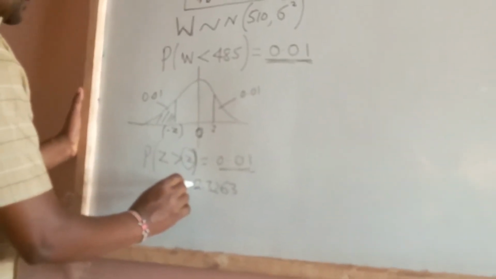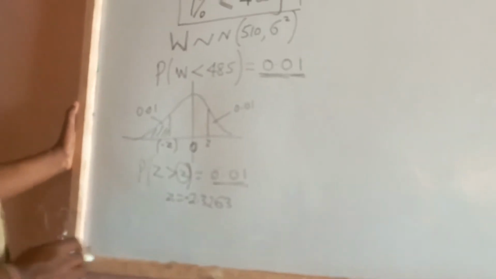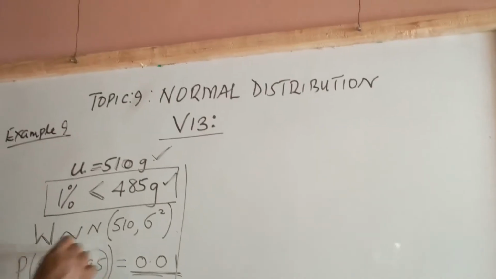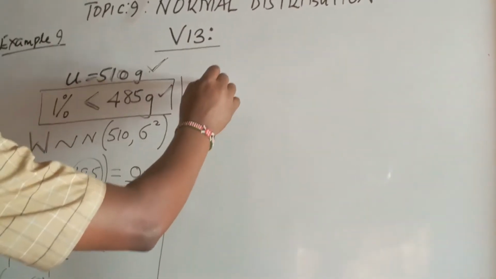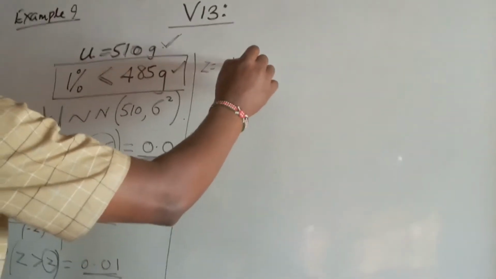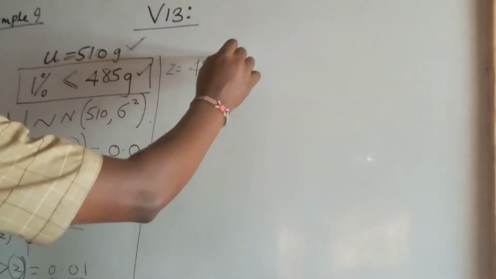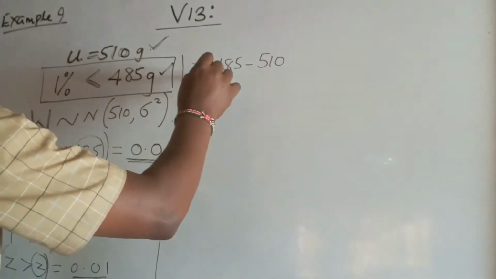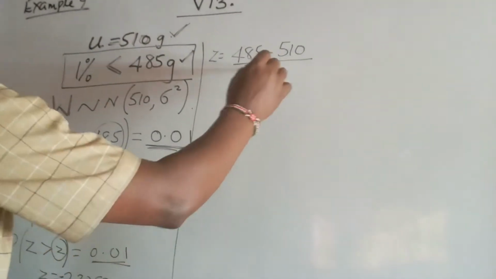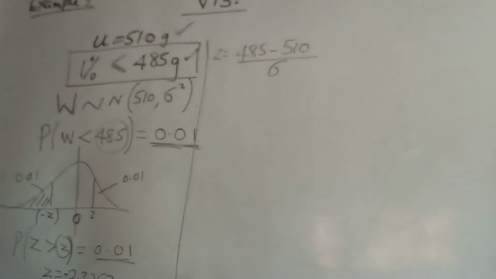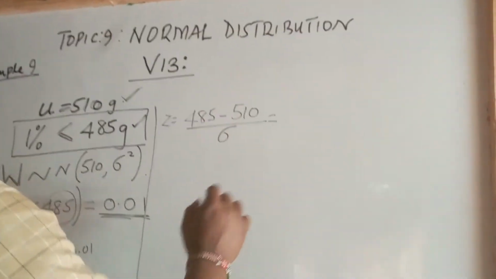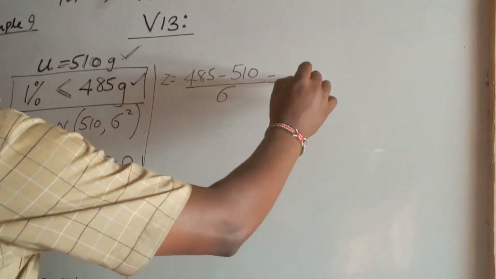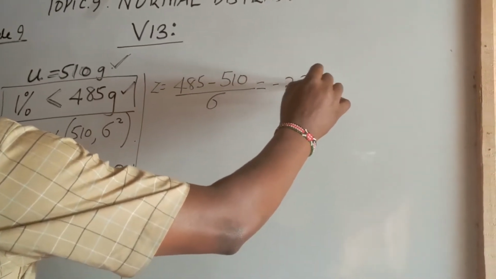So negative 2.3263. But how is z realized? We have an unfamiliar boundary there, meaning that z is given by 485 minus the mean 510, everything over the standard deviation, which we don't know. This must give us minus 2.3263.